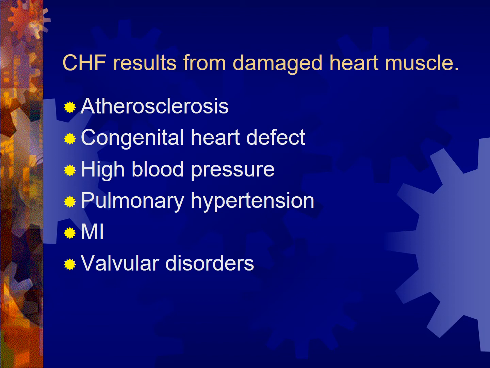And then, of course, you've got valvular disorders, because when your valves don't pump efficiently enough, then you've got problems with having a forward flow of blood, which causes a regurgitation and causes pressure buildup and increased muscle thickness.